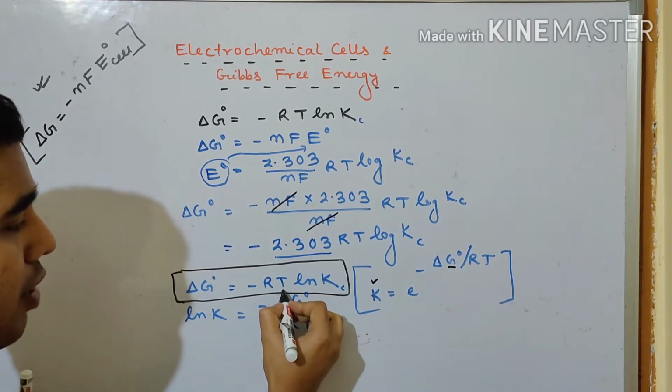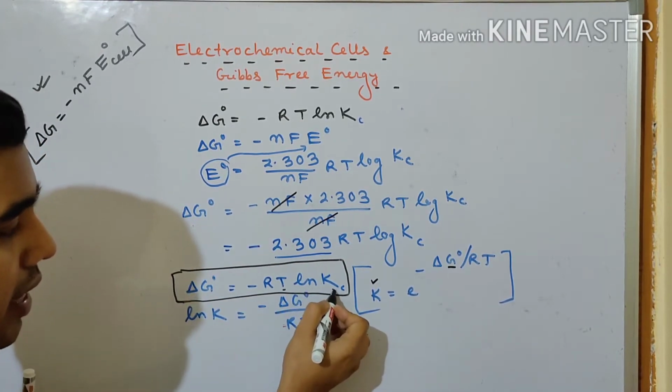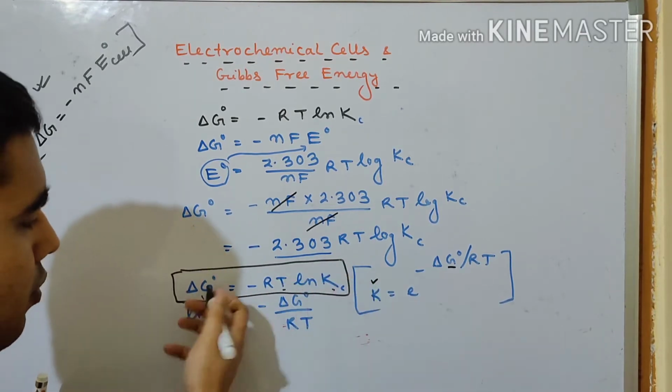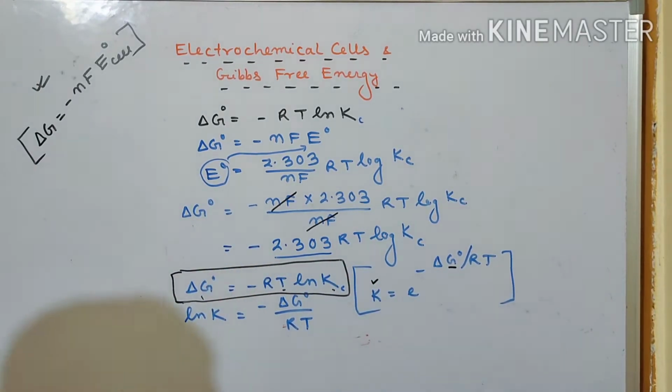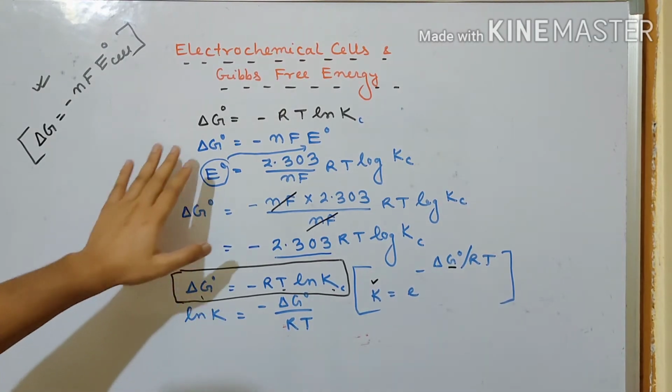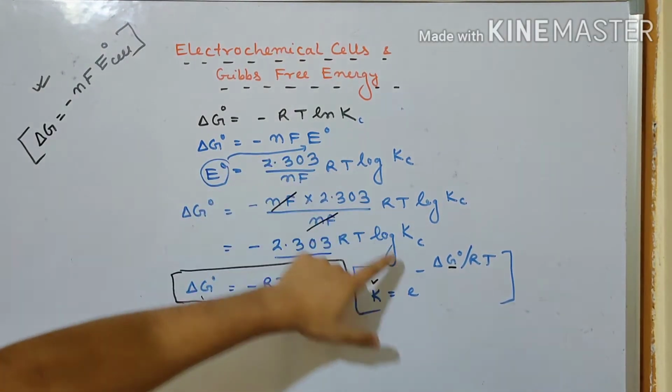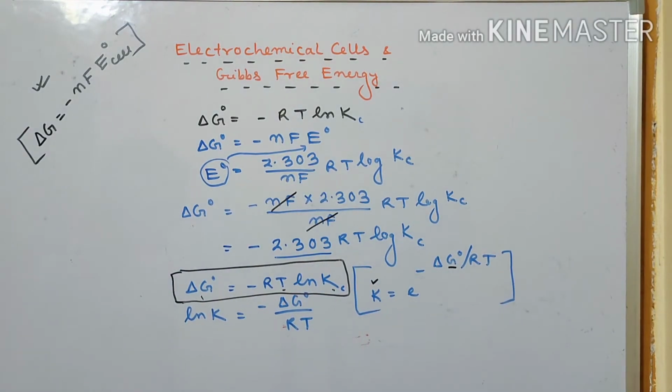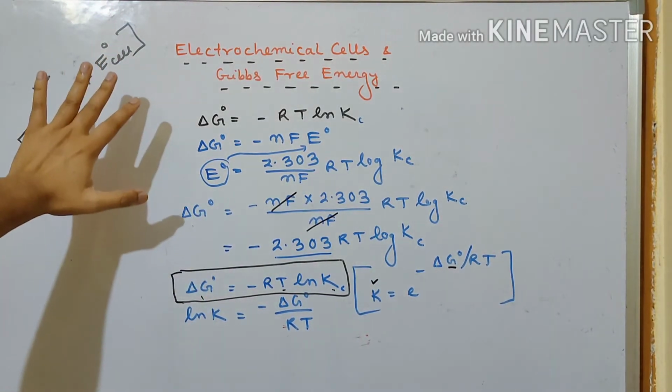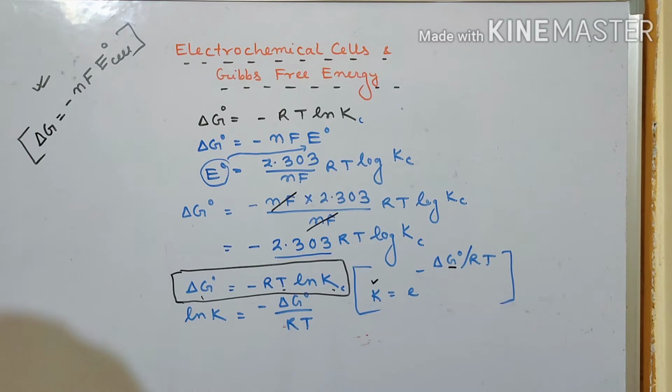And if we know the value of temperature and R is already known, we can calculate delta G0. So Gibbs free energy in this way is correlated not only with electrode potential but with equilibrium constant also. So all these are correlated now. We will see one or two problems and then we will understand how the numericals will be solved.